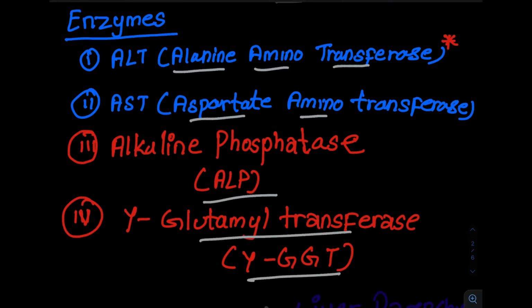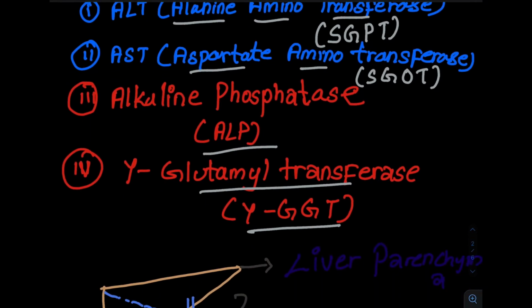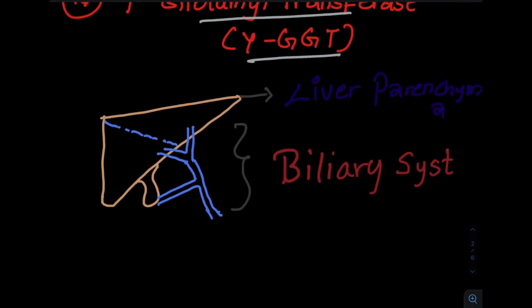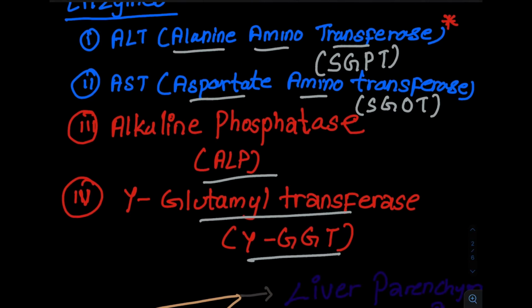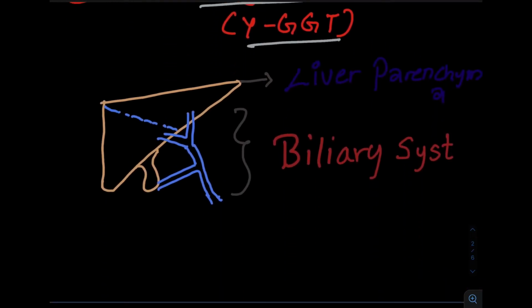Alanine aminotransferase was also previously known as SGPT, whereas aspartate aminotransferase was known as SGOT. But these terms are obsolete and not used now, but it's better to get used to this kind of word. So let's dive a little bit deeper into what these enzymes represent and what their function is.